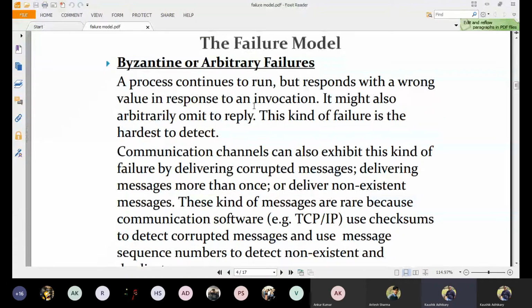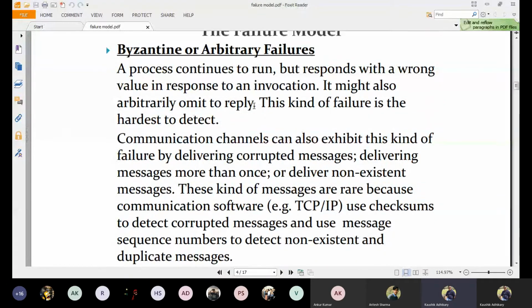So a communication channel can also exhibit this kind of failure by delivering messages more than once, or delivering non-existing messages. It is possible that it may respond with corrupted messages, or deliver more than one message, or deliver non-existing messages.